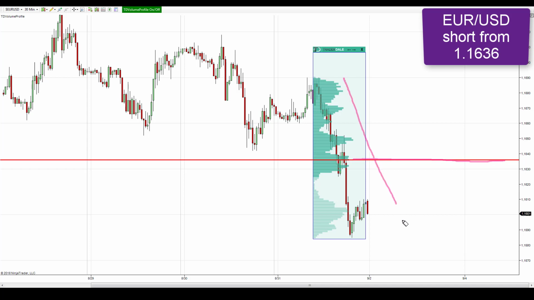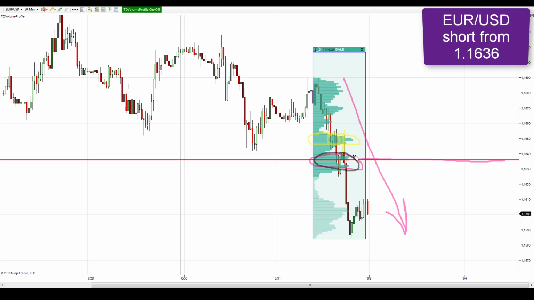You can see that there was a pretty strong sell-off on the euro on Friday, and within this selling activity there were some significant volume clusters created. There was this significant volume cluster, and also there was this significant volume cluster. Those volumes that got created in this area got already tested with this candle, but those volumes still weren't tested.